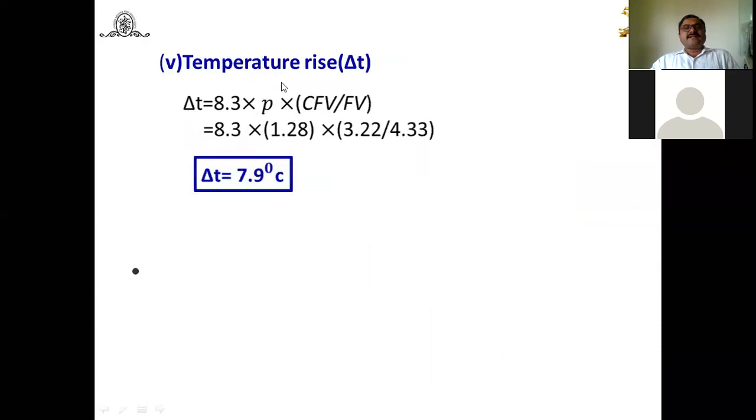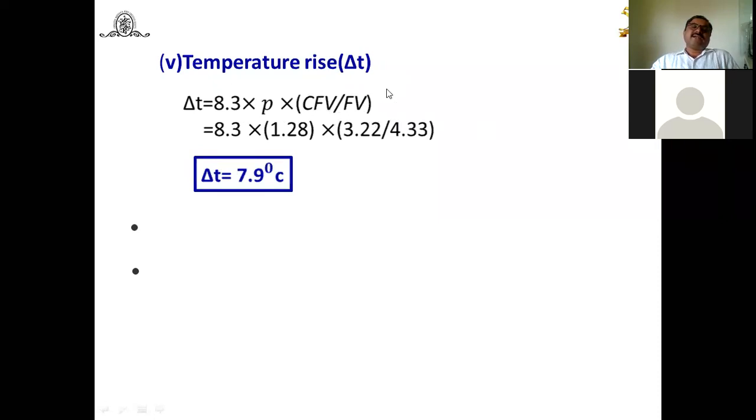The next point, temperature rise. Again, in an earlier session, we have seen heat generated is equal to heat carried by the oil or lubricant. The heat generated is nothing but the frictional power loss. That's why kW f is equal to heat carried, that is m Cp delta T. By substituting the value of m in terms of rho into V, already we have derived this expression, and then you will get the value of delta T is equal to 8.3 into P into Cp upon F v.